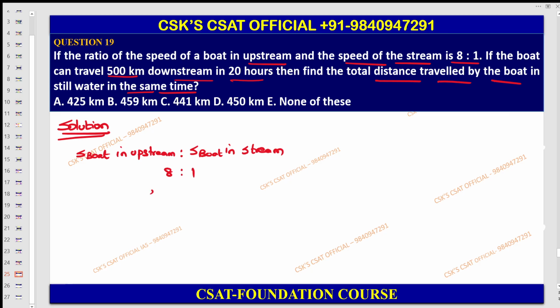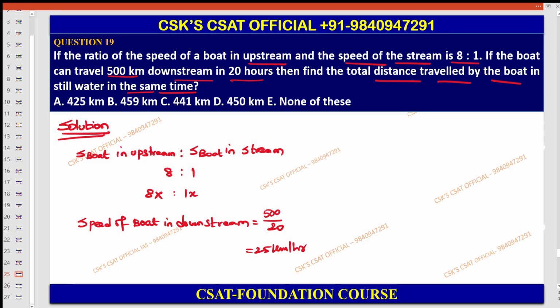So you can take this as 8x is to 1x. Next, with the data, you can find out the speed of a boat in downstream. How can you find it out here? For downstream, 500 kilometer distance, time 20, which is nothing but 25 kilometer per hour.